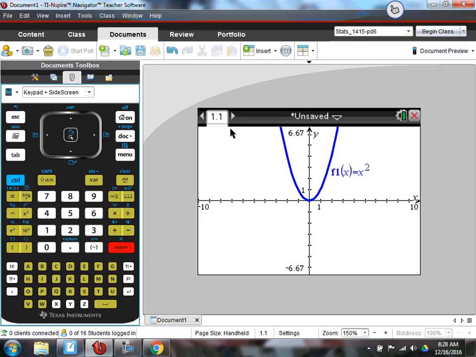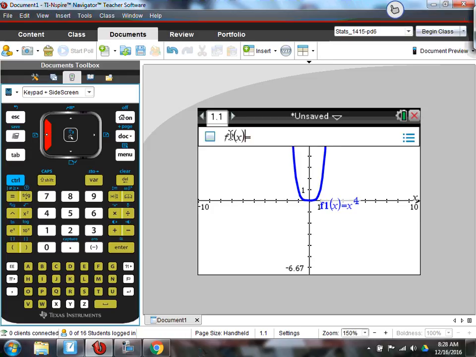Would everybody agree to that? Let's suppose we change that exponent from 2 to 4. What's the graph doing on the left and the right sides? Still going up. What would happen if we change that exponent to maybe 6? What's the graph doing on the ends? It's still doing the same thing, right?